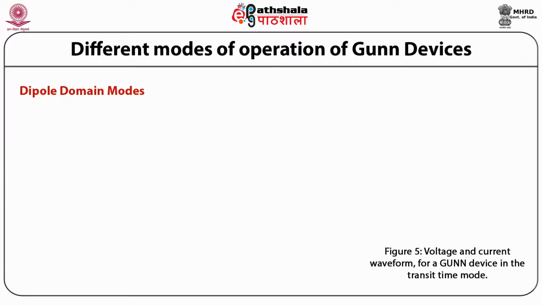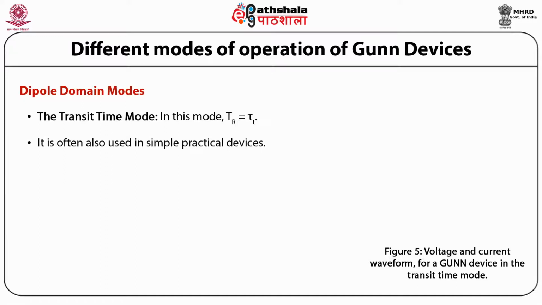There are three types of dipole domain modes which can typically occur. So over here we'll first discuss the transit time mode. In this mode, Tr equal to tau t, which is often also used in simple practical devices.